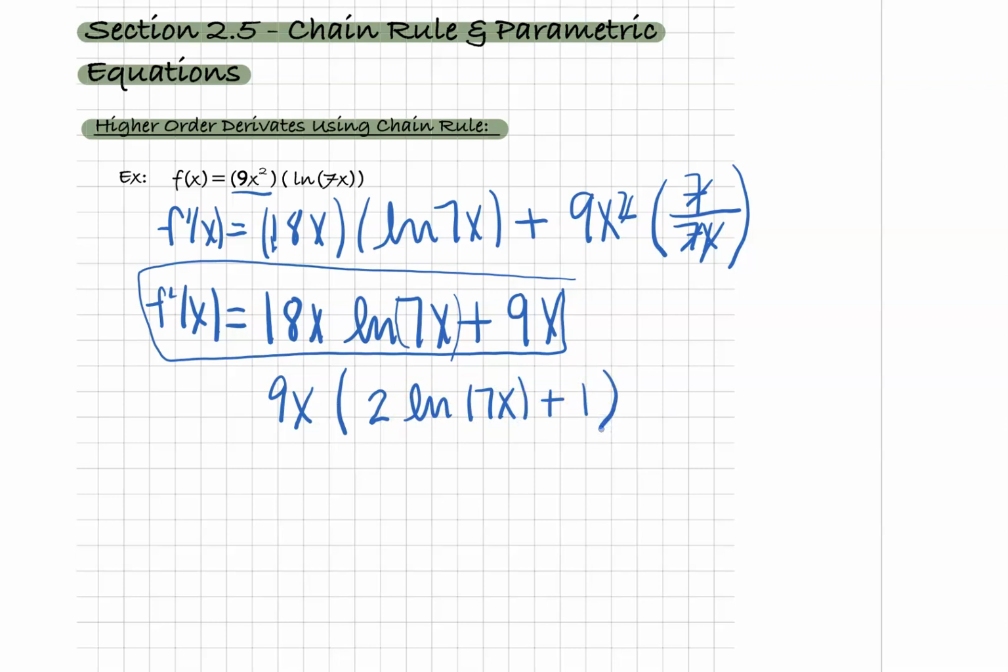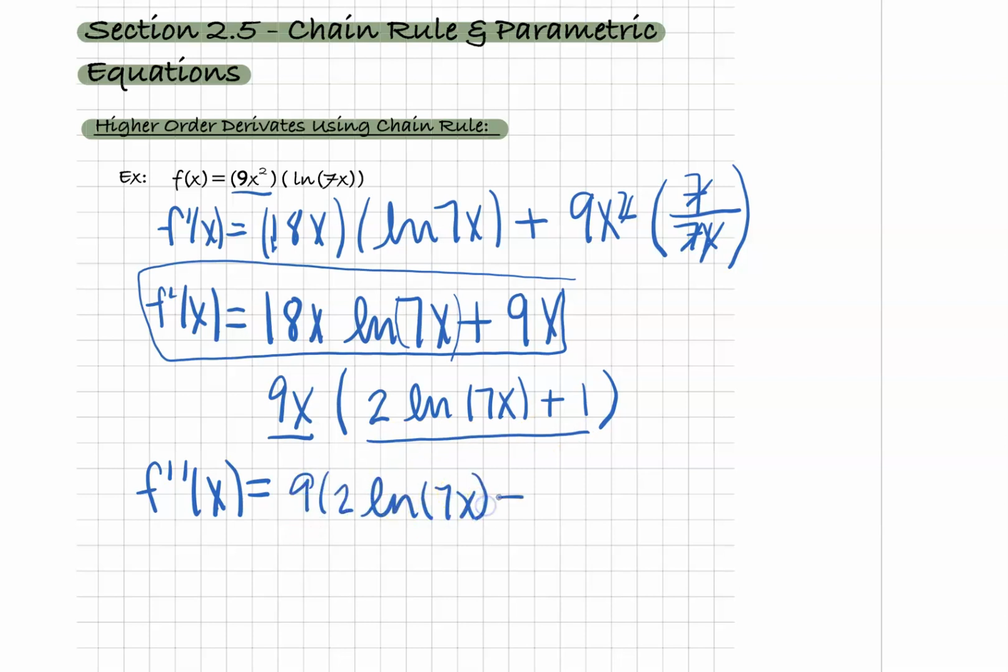And so what I'm going to do again is take the derivative of this simplified function. So I've got a 9x and I've got this term here. The derivative of 9x is 9 times everything else, plus 9x times the derivative of the other one.